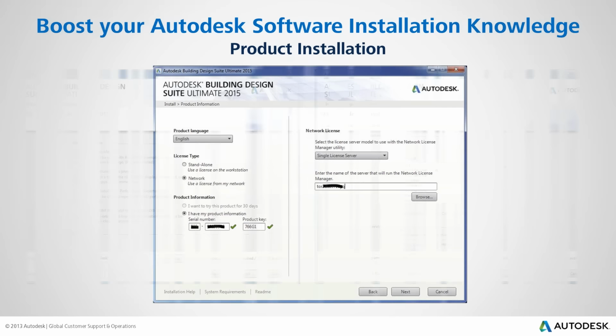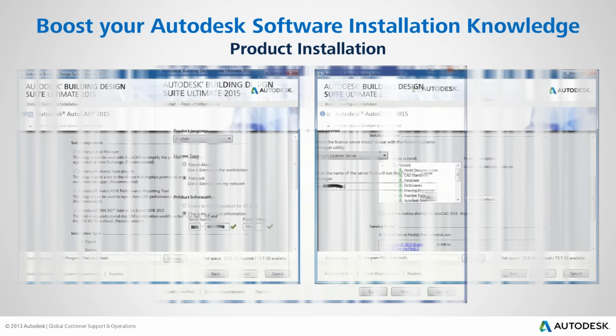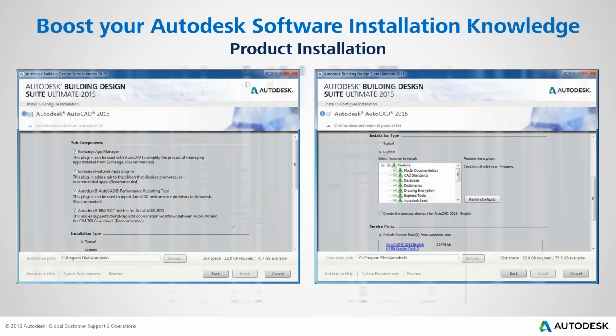And when you click on the drop-down, it gives you other choices specific to that software, whether you want to add some add-ins or other application choices. And then to the right, whether you can download a service pack or add other features there as well.